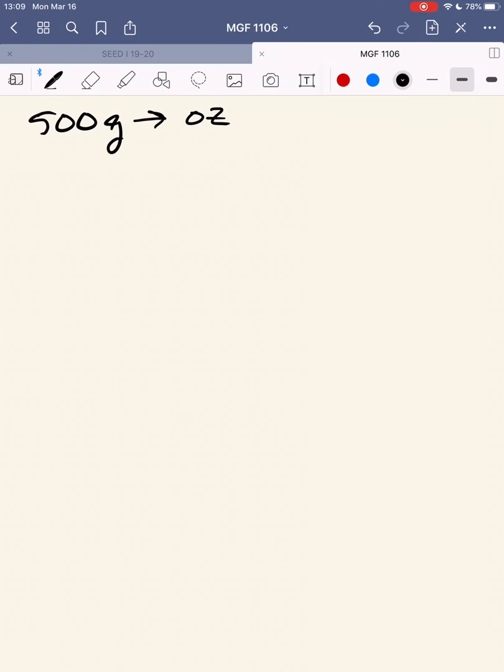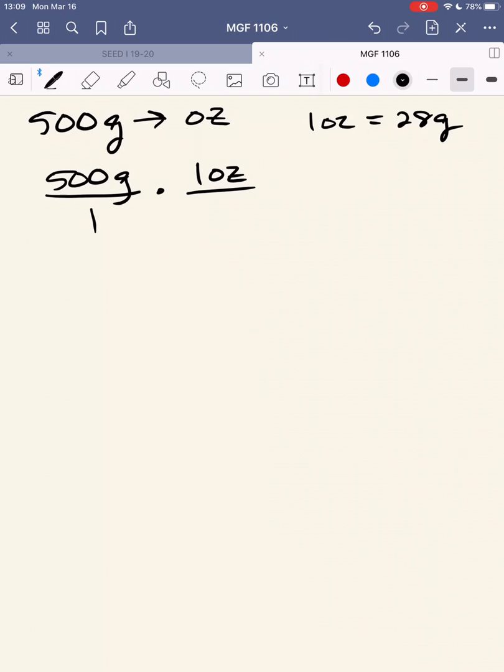Going ahead and looking at my chart here, I have ounces. 1 ounce is around 28 grams. So I have 500 grams over 1, and I have 1 ounce is equal to 28 grams. My units cancel. So I got 500 divided by 28.